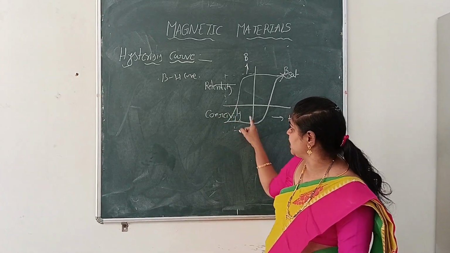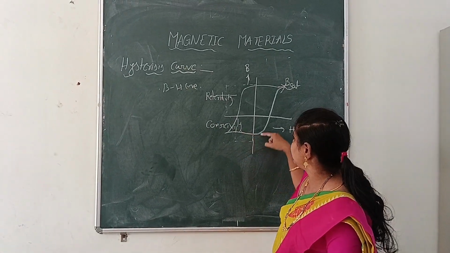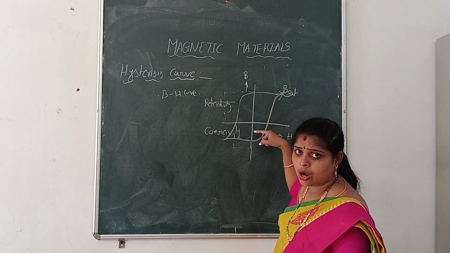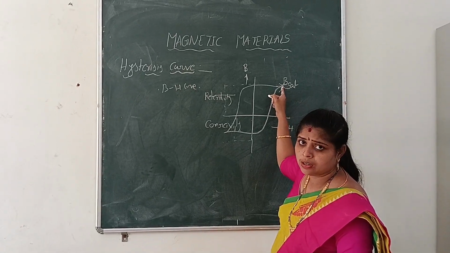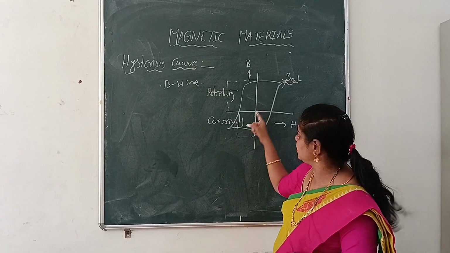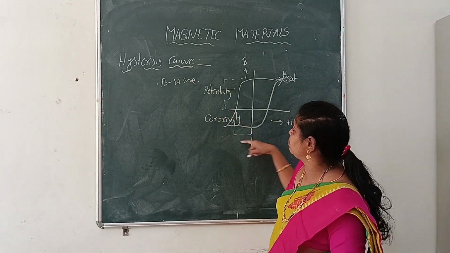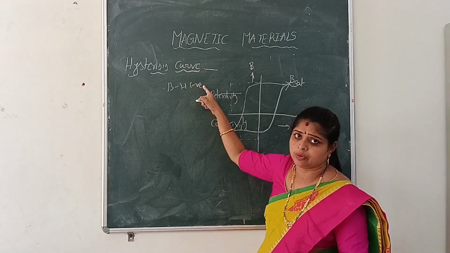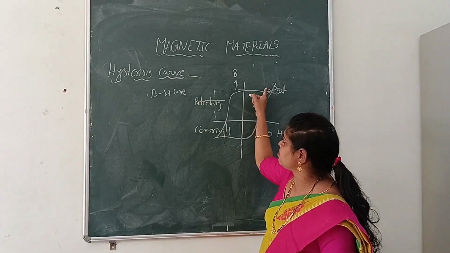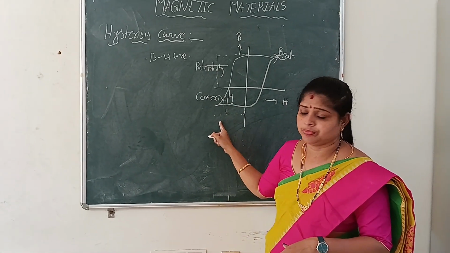Again the field intensity increases in the opposite direction and reaches a maximum value, which is saturation magnetization in the opposite direction also. Here the complete loop happens in the hysteresis curve or BH curve. So we can get saturation magnetization, retentivity and coercivity.